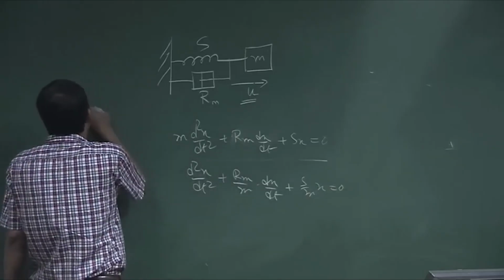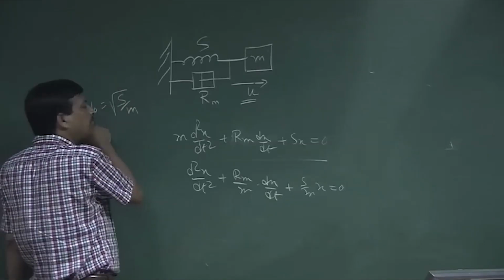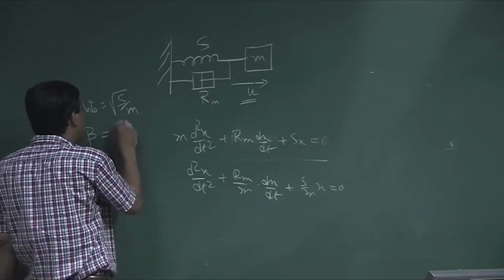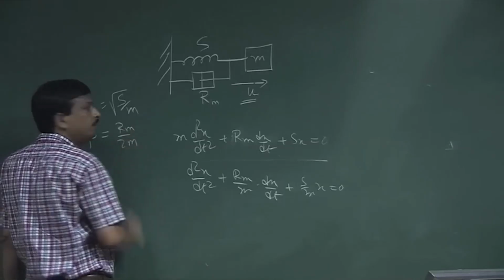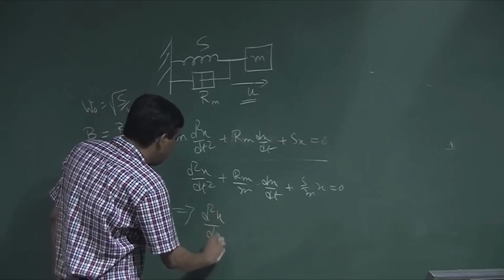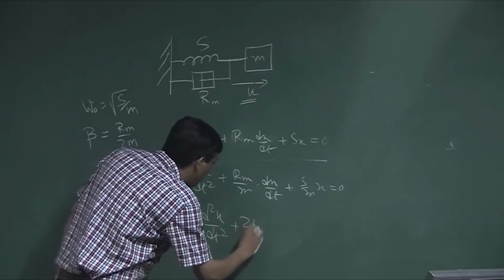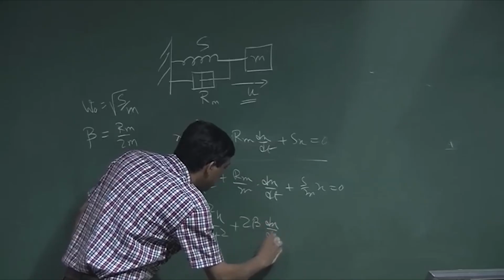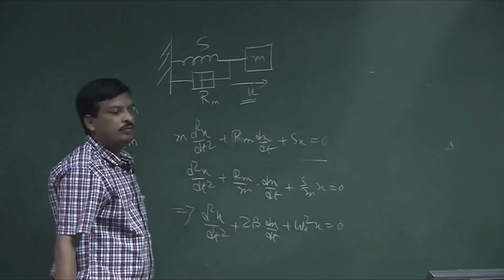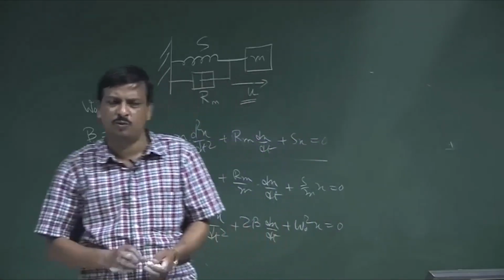Let omega 0 be root over s by m, so s by m is omega 0 square, and beta, another constant, is Rm by 2m. Then the equation becomes d2x by dt square plus 2 beta dx by dt plus omega 0 square x is equal to 0. I simply reduced m and put in some constants.